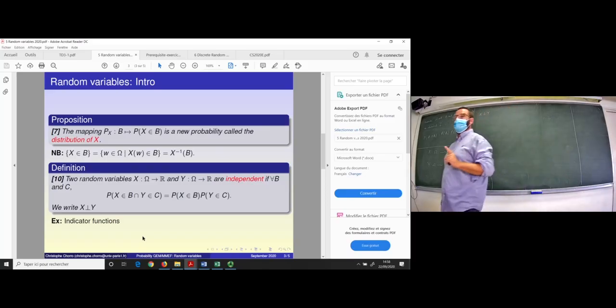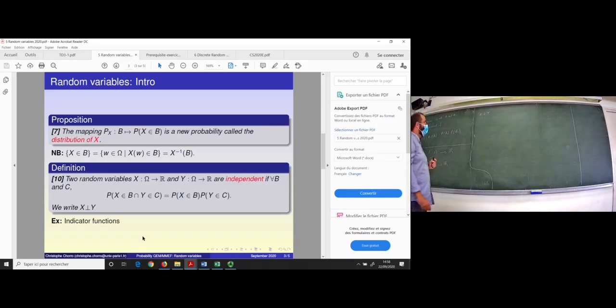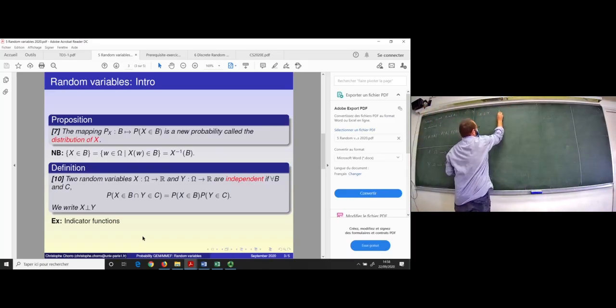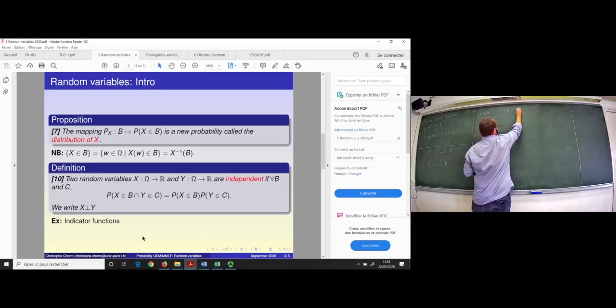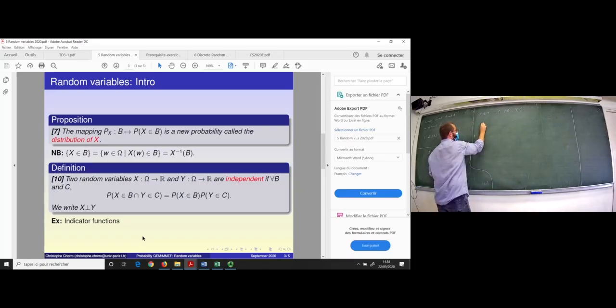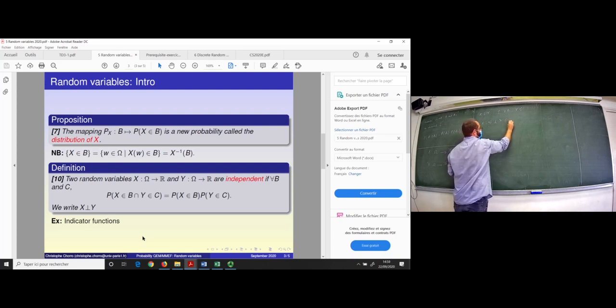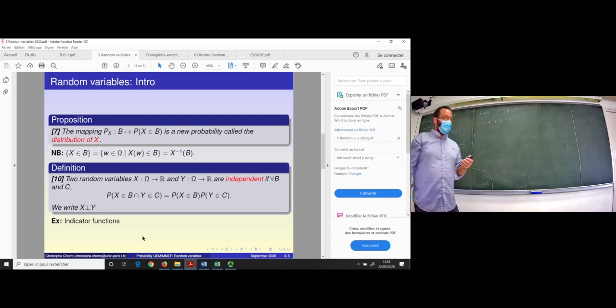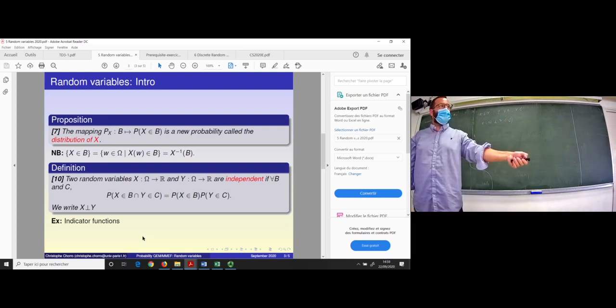X and Y are independent if and only if for all B, for all C included in R, X minus 1 of B is independent of Y minus 1 of C. It's exactly what I have written here: the probability of the intersection between the preimages is equal to the product of the probabilities.